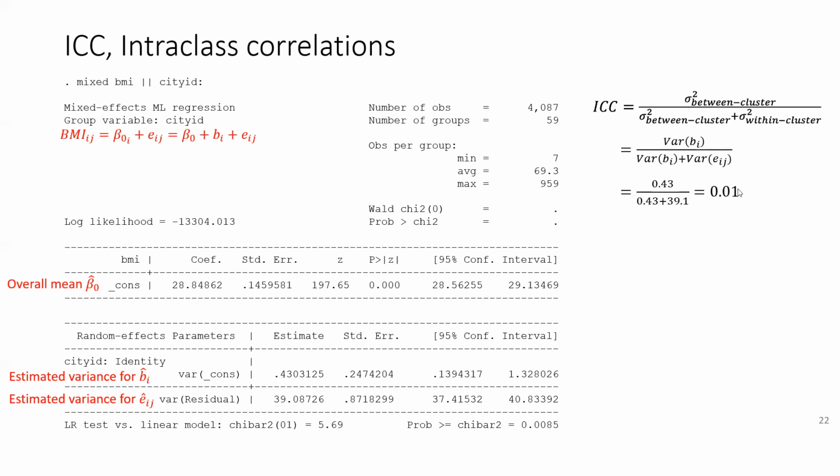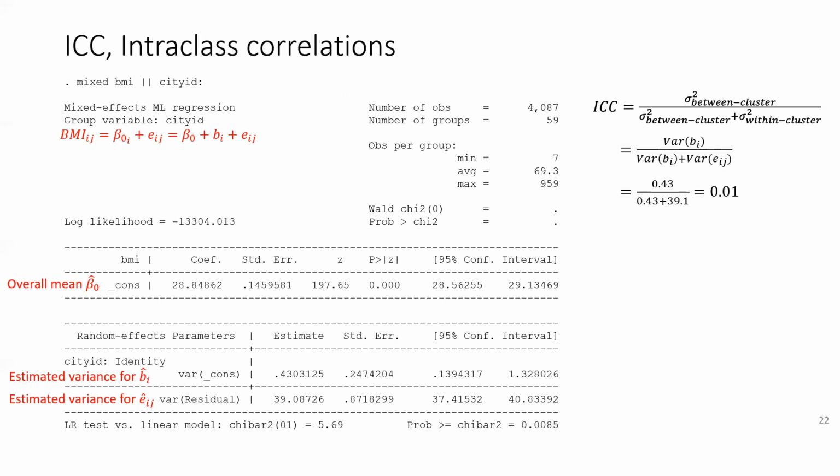That is quite small, meaning that of the total variability we see in our observations, 1% is explained by between city difference, and the remaining 99% is explained by within city variation.